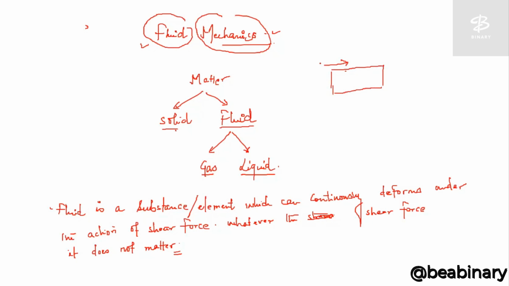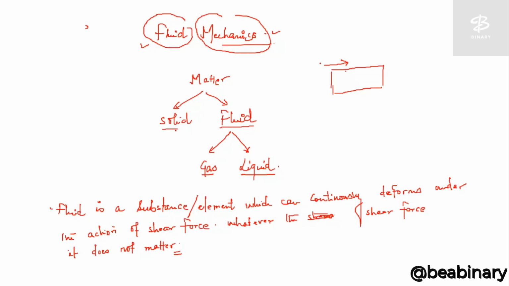But in case of the solid, it has some definite shape and size, and according to the material property, it can sustain the shear force up to a certain limit. I give you a simple example. For example, I have a duster and I am applying some force on it.